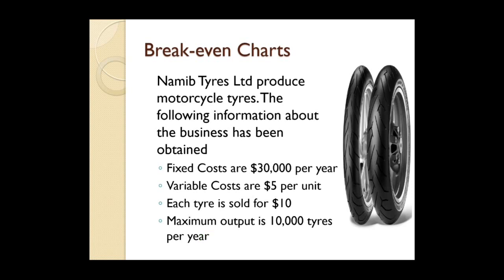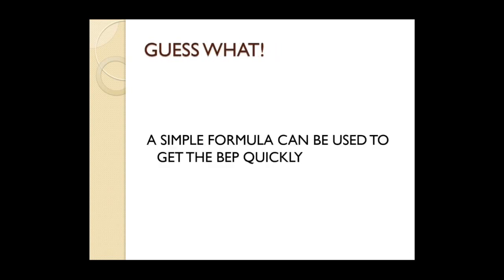So all I need to draw a break-even chart is this. If I know the fixed cost, the variable cost per unit, the selling price, and the maximum output that is produced, I can simply tell what the break-even point of the business is. In the exam, you will use this way, even if they didn't ask you.